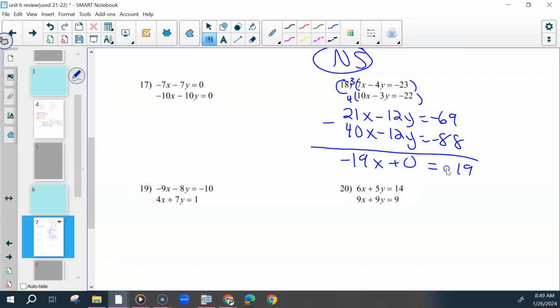So that our x value is -1. And then put that back into one of the equations you have, doesn't matter which one, to find y. Let me use this first one.